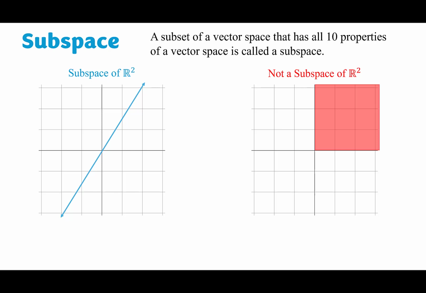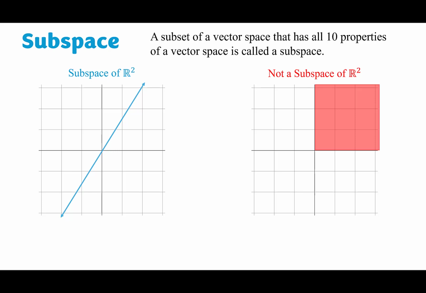Remember, a subspace is just a subset of the vector space that still has all those 10 properties of a vector space. So the first quadrant, including the axes, is not a subspace of R2. Now I focused on the closure of scalar multiplication and addition of vectors to check if they're subspaces.